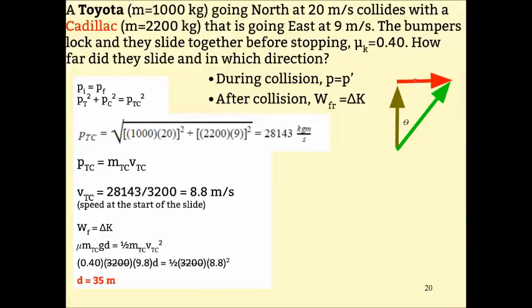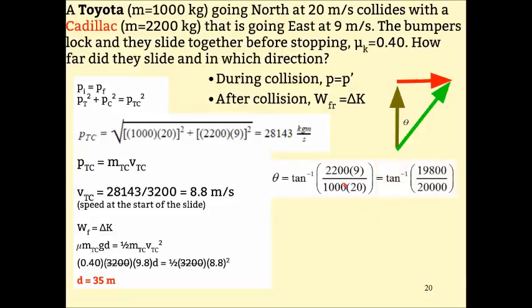So I have the opposite side and the adjacent side, so I'm going to use the inverse tangent in order to do that. So it's the inverse tangent of, this is the Cadillac initial momentum, right? 2,200 times 9, and then over the Toyota momentum, 1,000 times 20. And then the math is just calculated work.